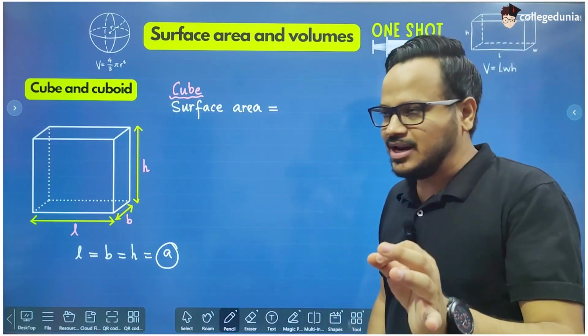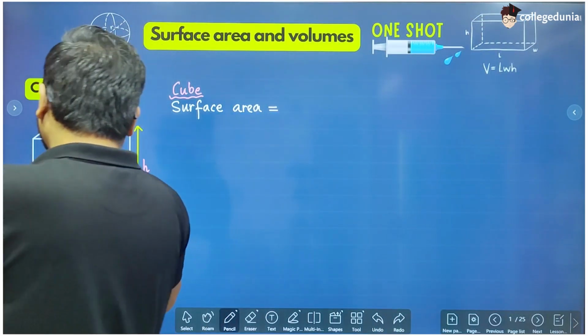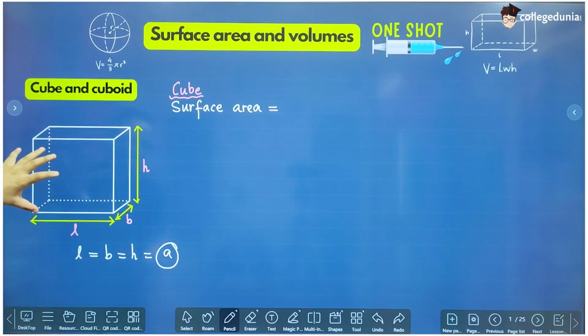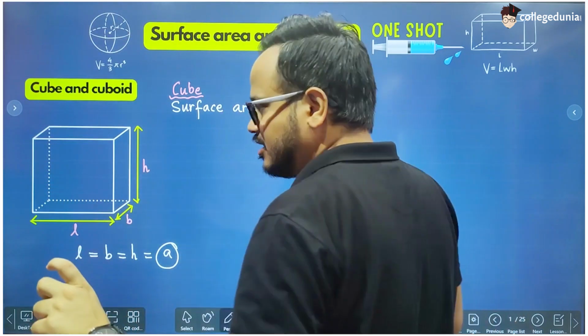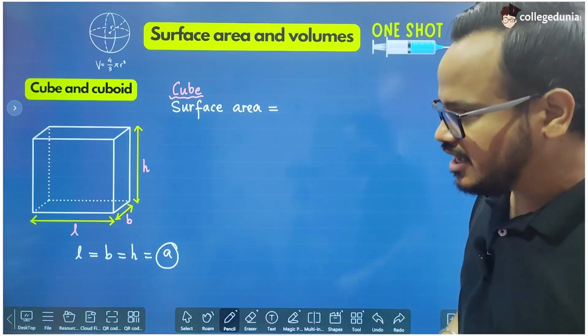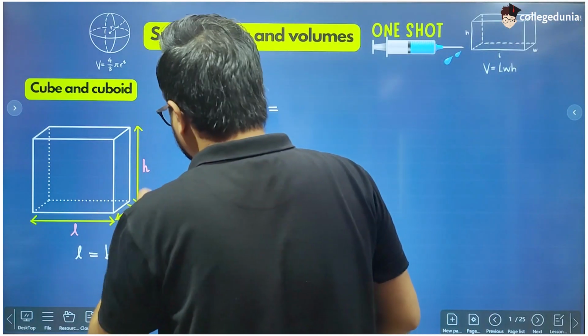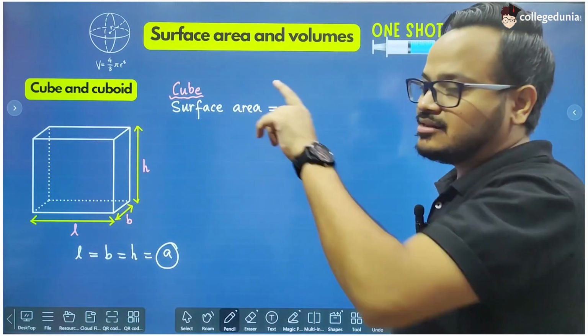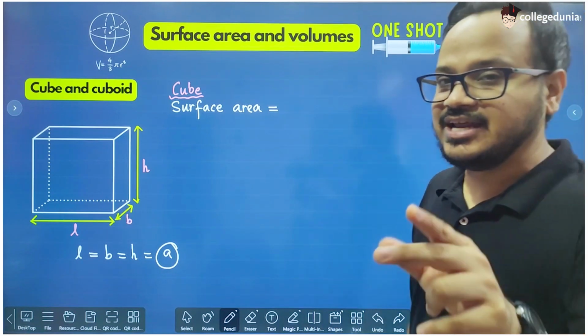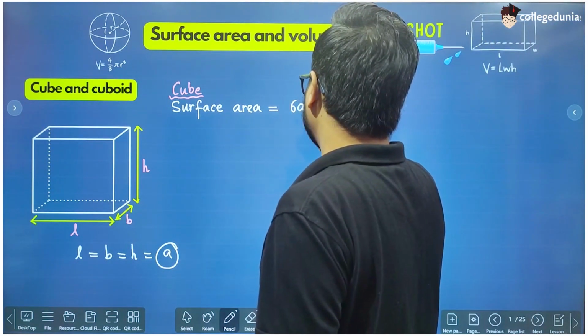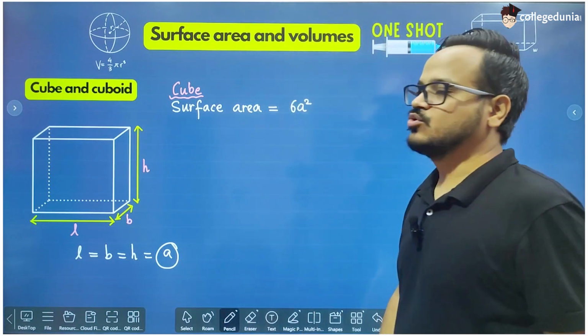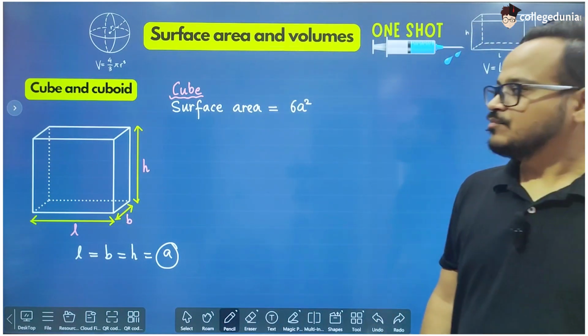We are using the symbol A. And since this cube has 6 faces and all the faces have square shape, and the area of square is the square of side, that is A square, because the side is A. So now there are 6 squares, each of area A square. So what is the total surface area? That is 6A square, right?